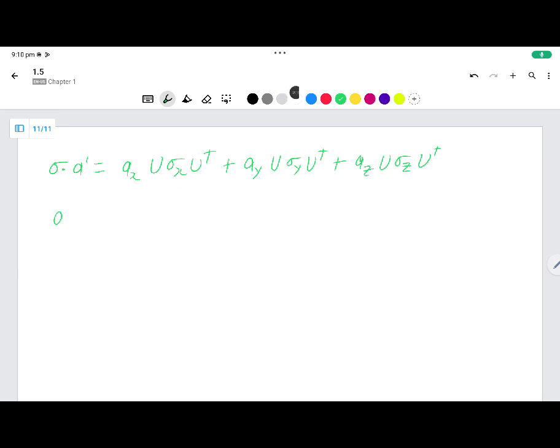So we can write like this. Directly writing the result actually.